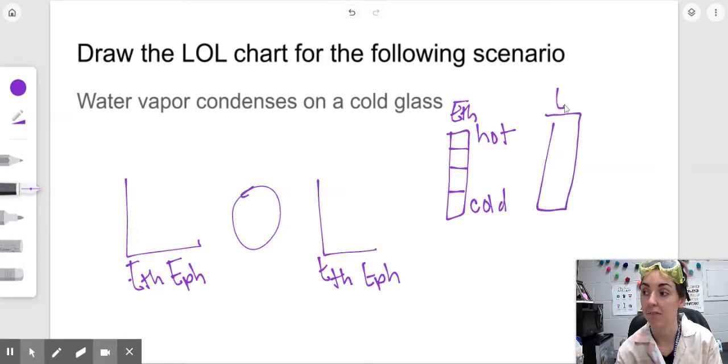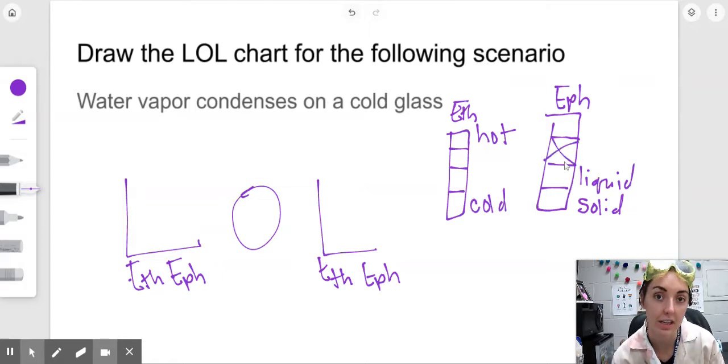So this one you have to be dead on because you can't have in between phases of matter. So it's either a solid, a liquid, or a gas. It's not going to be both. So we've got solid is going to be our 1, liquid is going to be our 2, and then if you remember, nothing is 3. You are never going to use 3 bars of E phase. You don't use it. It doesn't exist. 4 is a gas.